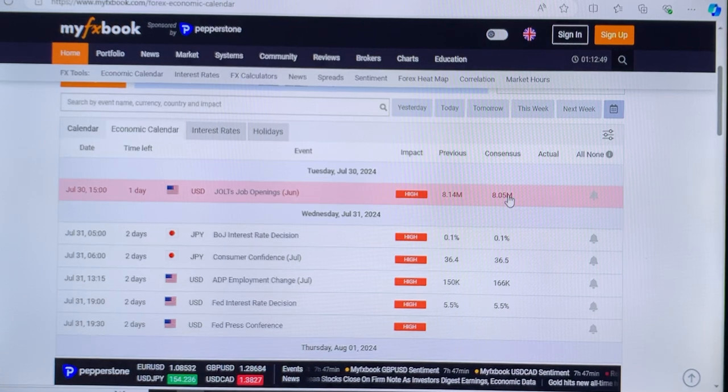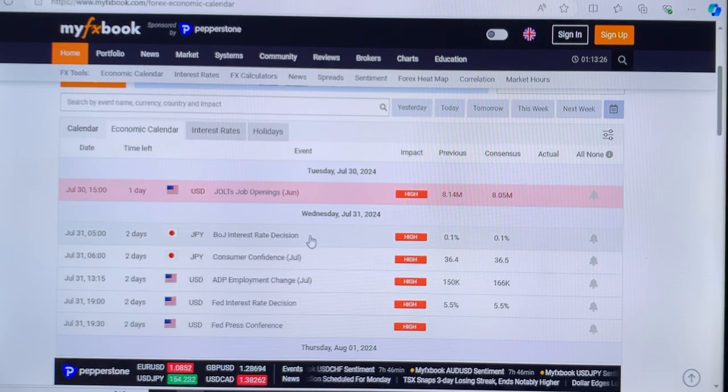So when it comes out, according to this consensus, which is the prediction from the economists' analysis of the strength of the United States dollar, if it comes out as predicted, that means it fell below, because the previous one was 8.14 million job openings and now we are expecting 8.05 million, which means it has dropped. That means negative for the United States dollar.